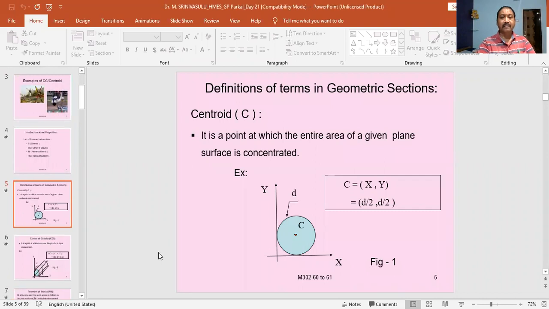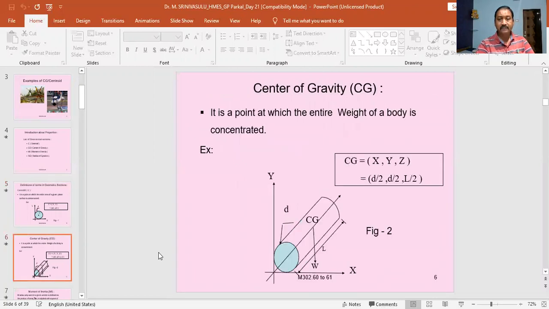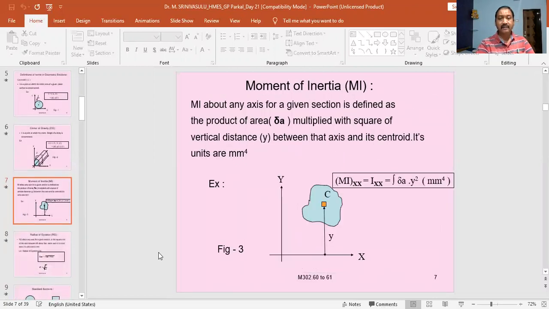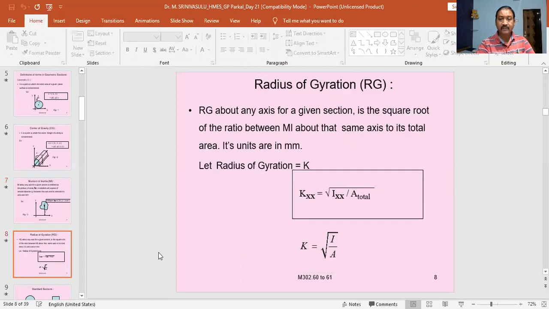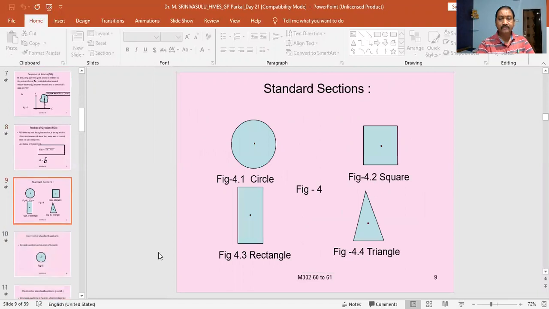We also located and understood how to look at the centroid or center of gravity of a body, and we already defined the moment of inertia and radius of gyration.